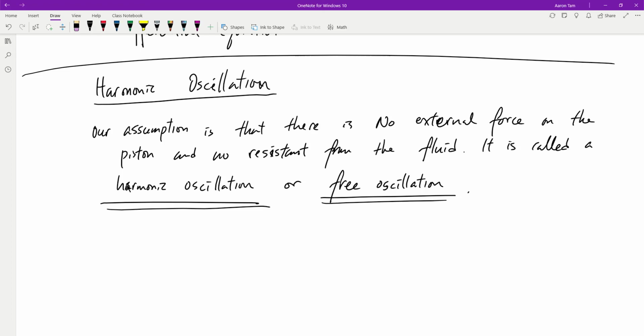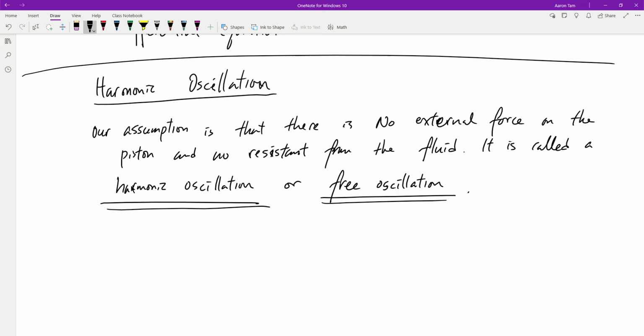So think about it: if you have what we call a free oscillation, meaning there's no resistance and no external force, then the oscillation should go on forever. Because conservation of energy dictates that if there's no external force to introduce new energy into the system, and no resistance that would lose energy from our system, then the system should just keep going on forever. The oscillation should go on theoretically forever.